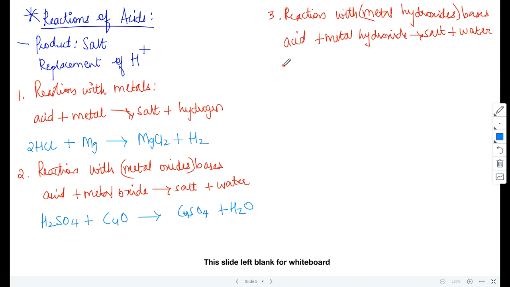For example, if I am reacting nitric acid with sodium hydroxide, I will be getting sodium nitrate plus water.